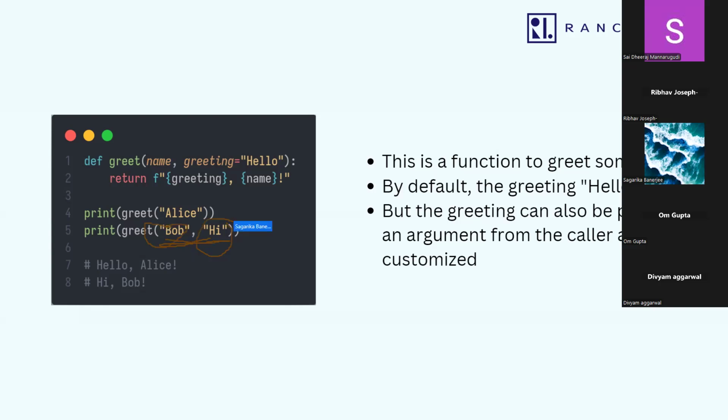So does it automatically replace it, because here we've defined hello? Yeah, that is the default parameter. The default parameter comes into action only when you're not giving the parameter. If you're not giving hi here, then the hello comes into action. If you're giving some parameter, then that will be the first preference. But if you're not giving anything, instead of giving an error, the default parameter comes into action. Okay, got it. Clear?